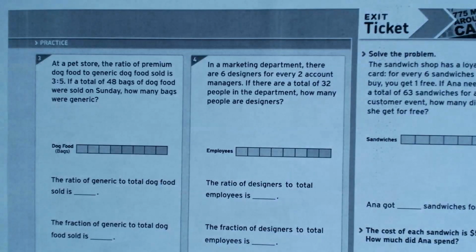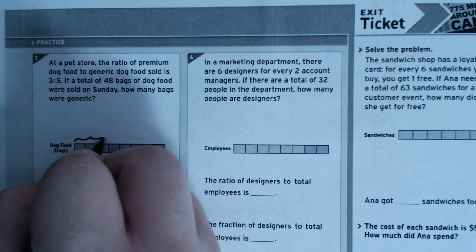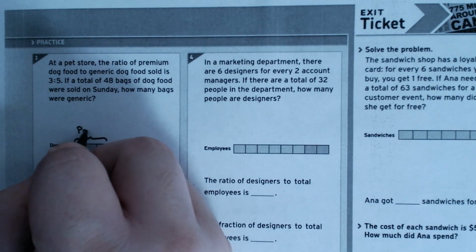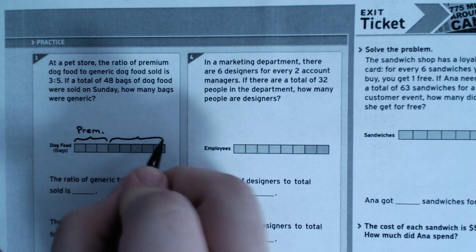Number 3, at a pet store, the ratio of premium dog food to generic dog food is 3:5. So, these first 3 blocks are the premium. These last 5 blocks are the generic.